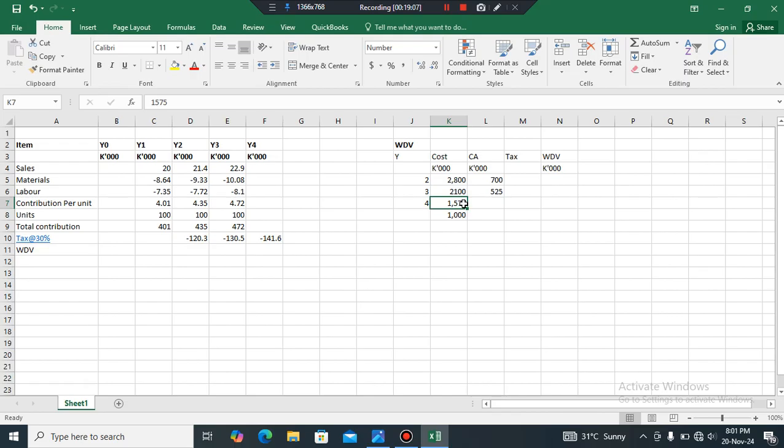So sorry, let me not say that. In the year in which the asset is sold off, we have what we call a balancing allowance or a balancing charge. How do we find the balancing allowance or the balancing charge? We need to deduct the income tax value. So this is the income tax value, right?